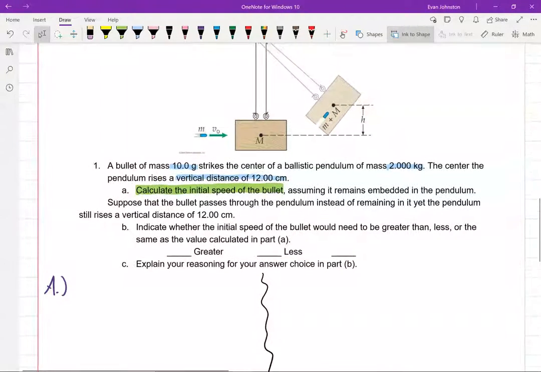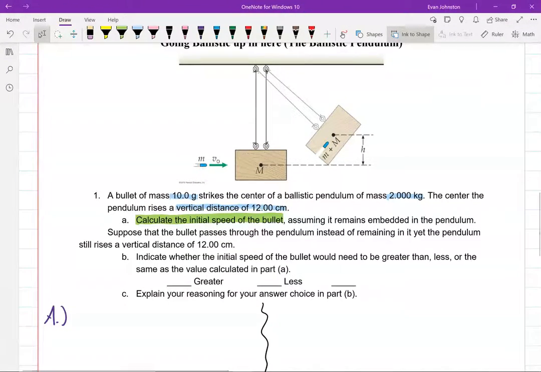Before we go ahead, let's do a little recap and put down a couple of things here. So in the beginning, this is our momentum. It's all in the bullet, m times v naught. That's what they gave us. And then afterwards, it hits right here into the block. And then it has some different velocity at least. Not different momentum, I apologize on that.